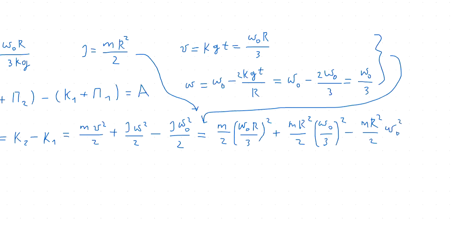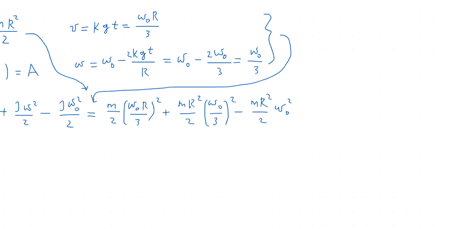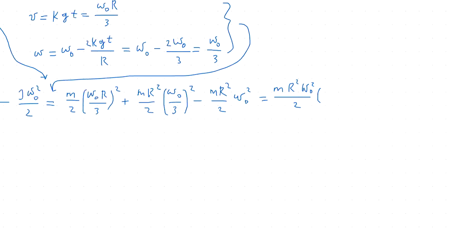Okay, and let's simplify this relation. I can write outside of the brackets m r squared omega 0 squared divided by 2, and in brackets we will have 1/9.